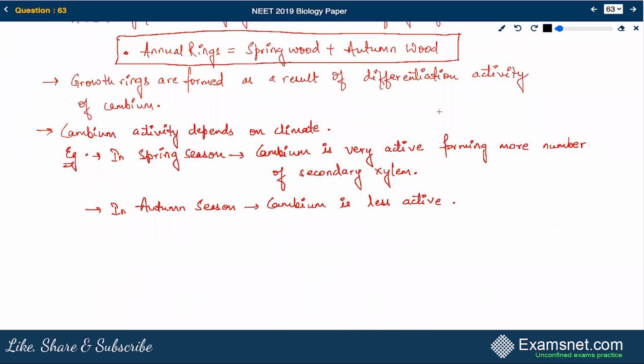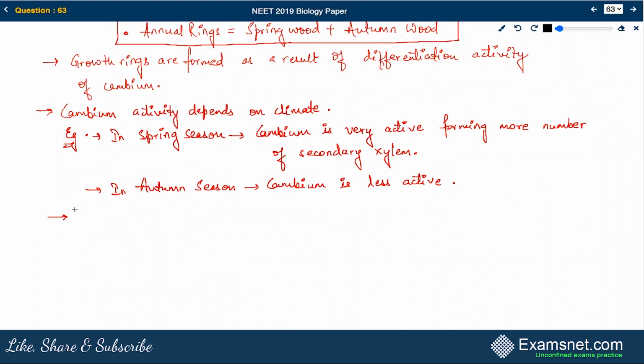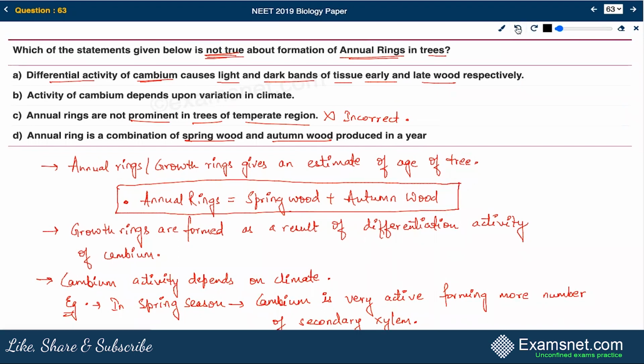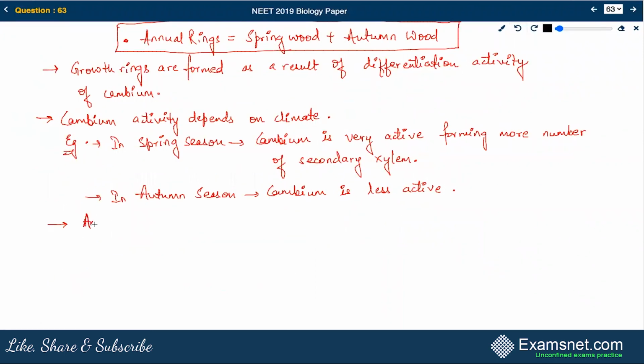And the reason we can give for that is that annual rings are prominent in trees of the temperate region.